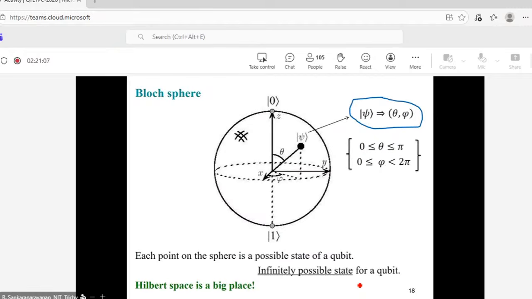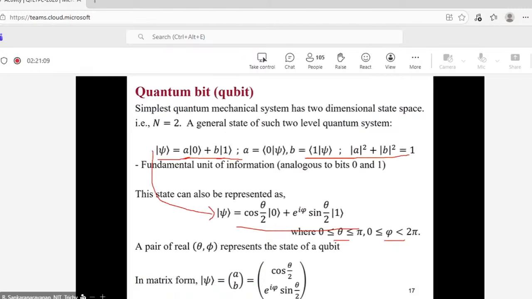Okay. So what is the Bloch sphere? See, according to this equation, the state psi is equal to 0 if A is 1 and B is 0, right? When A is 1, that means A, which is cos(theta/2), is 1. When will A be 1? A will be 1 if theta equals 0, right?